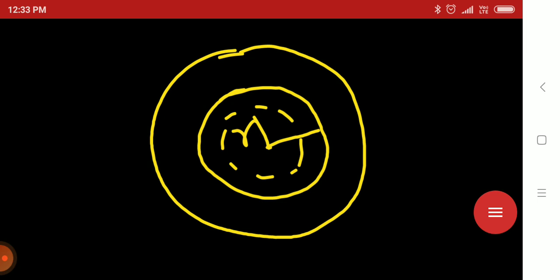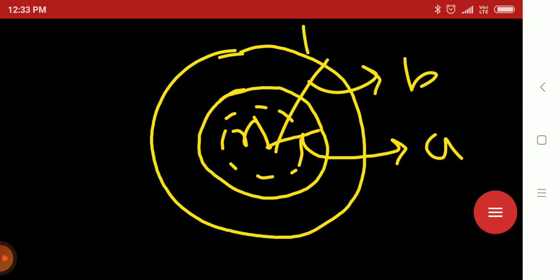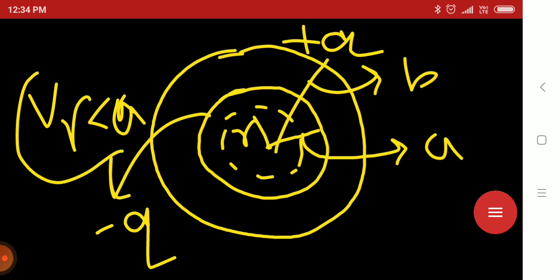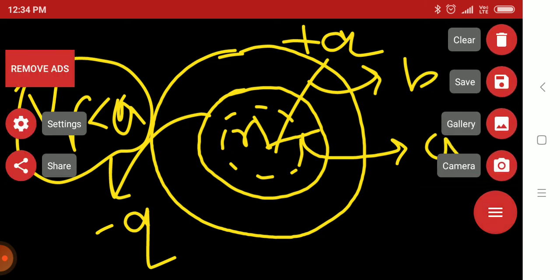This is r, this is A, and this is B. Here plus Q, here minus Q, and the question is V, the potential at r less than A. So first try to solve. For this you have to remember a funda, a simple concept. First, see the figure.